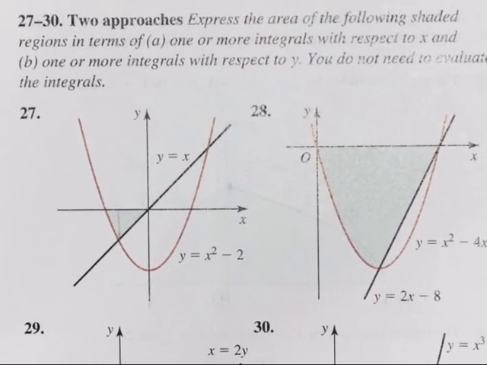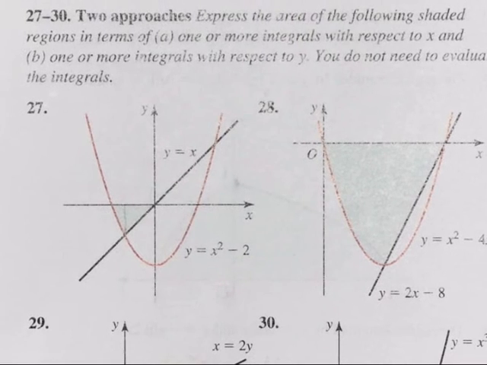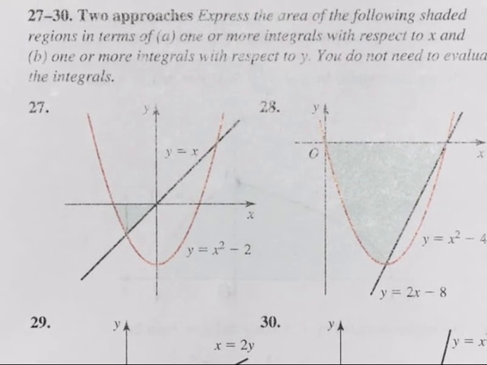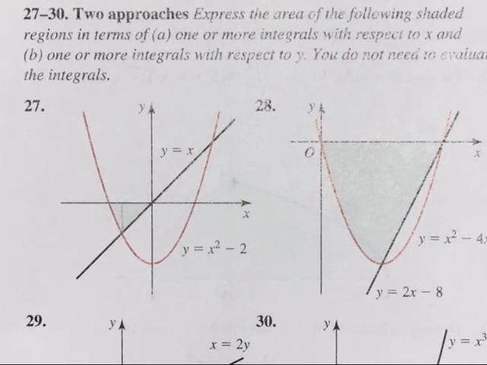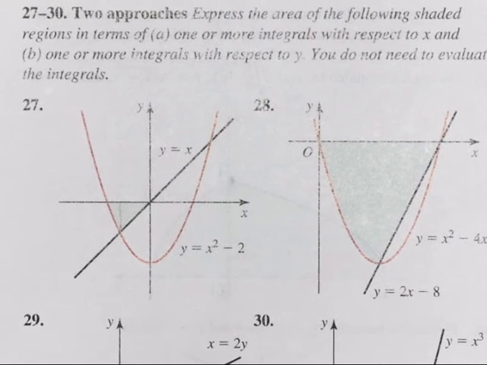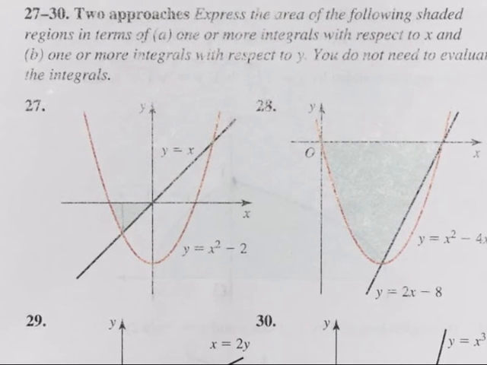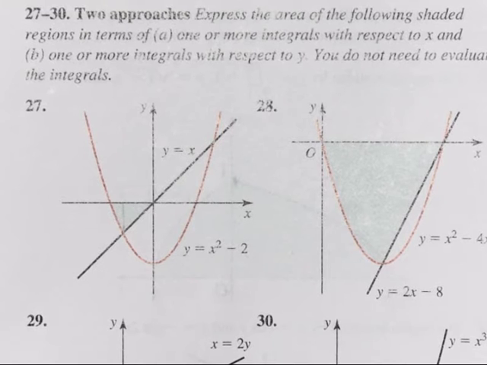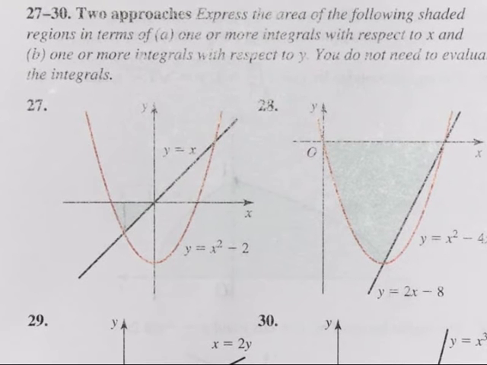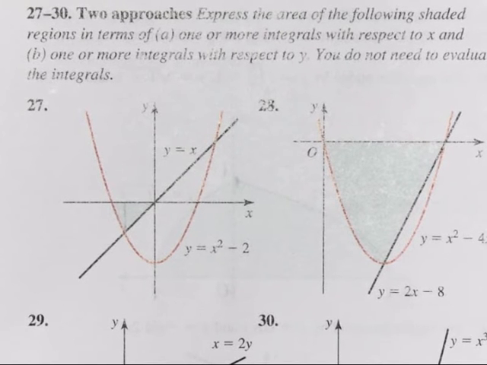Okay, so here are the directions. I'm on page 418, number 27. Like I said, we can solve these problems both with respect to x and with respect to y. And as long as we do all of our work correctly, we should get an equivalent answer.